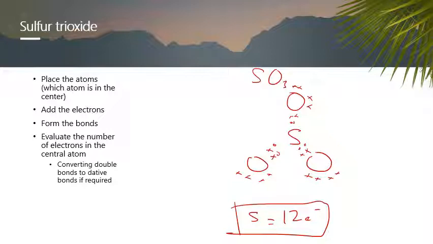In this case, because sulfur is in period 3 and below, it can use its d orbital, so it can have more than 8. So for such cases, we'll just leave it as it is. So this is SO3. Dative bonds only need to be considered when you are considering the center atom from period 2.